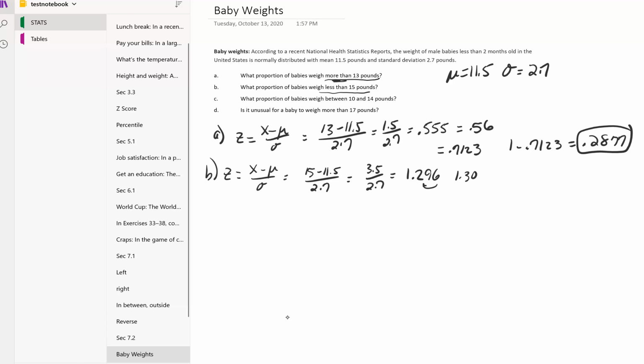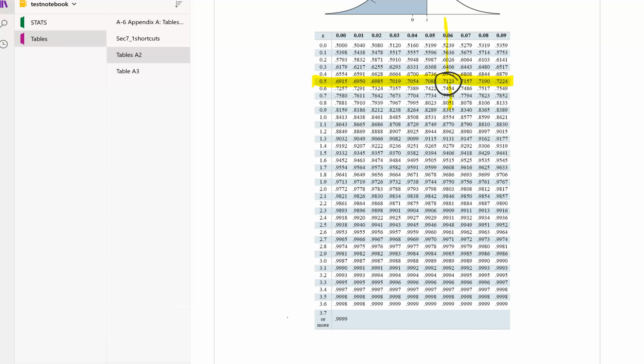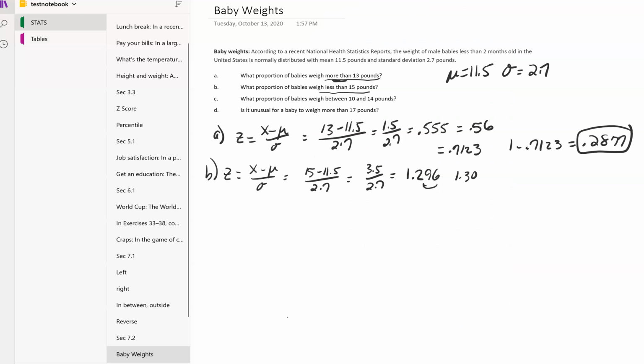It's important that you're rounding these the right way before you look them up. So 1.30 is going to be right here, 0.9032. Since this was a less than, the less than is the answer, so my answer is 0.9032.